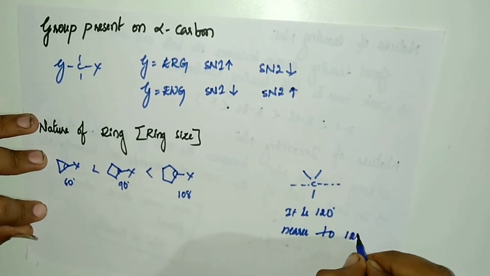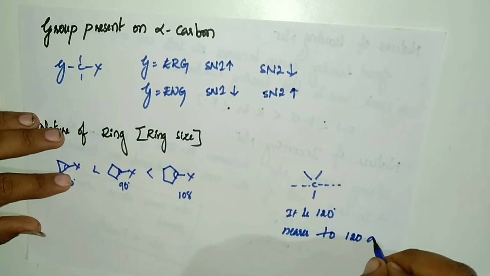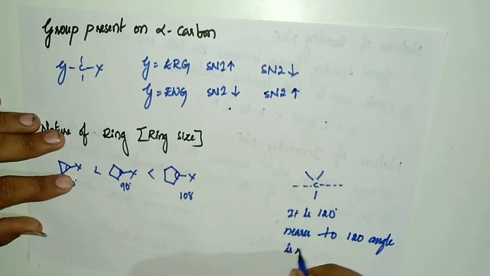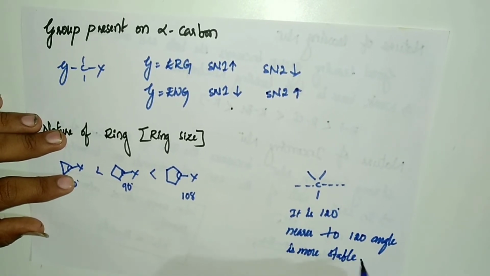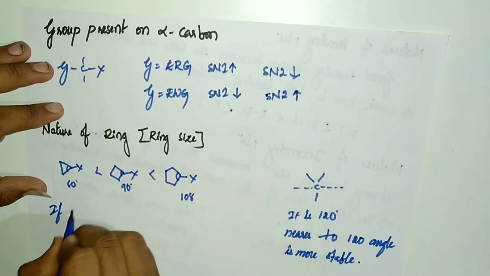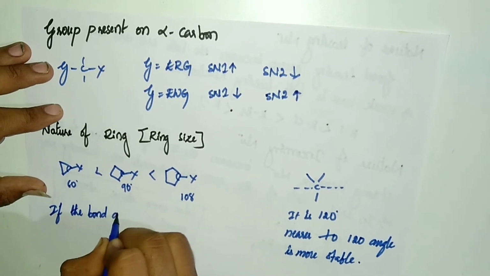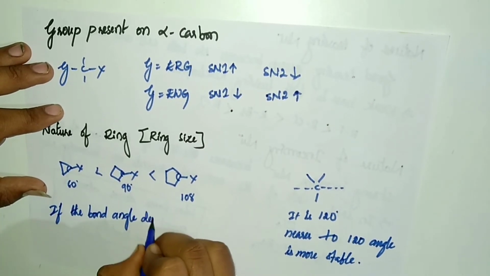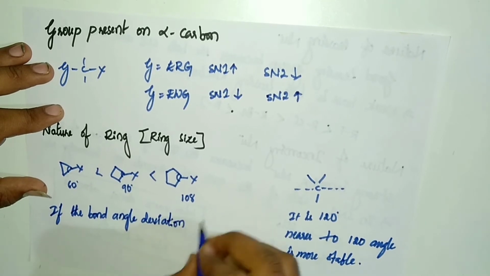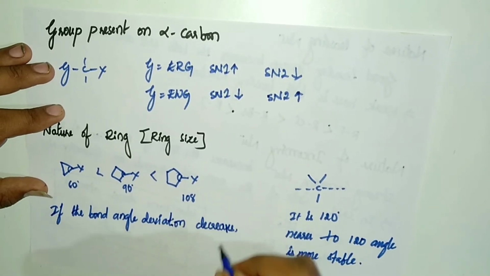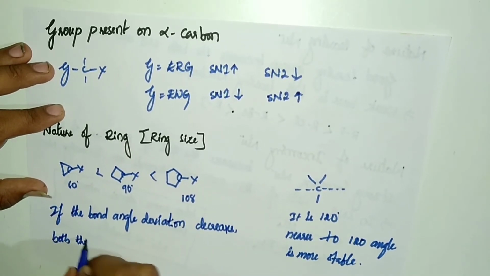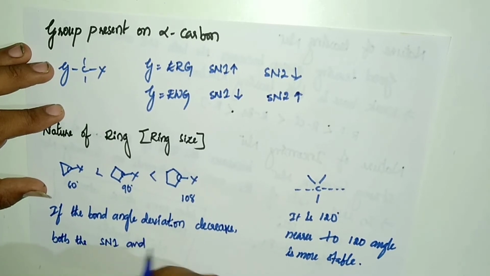So the nearer to a 120 degree angle, the more stable the cyclo compound. And if the bond angle deviation decreases, both the SN1 and SN2 reaction rates increase.